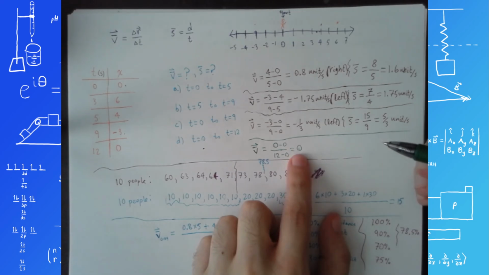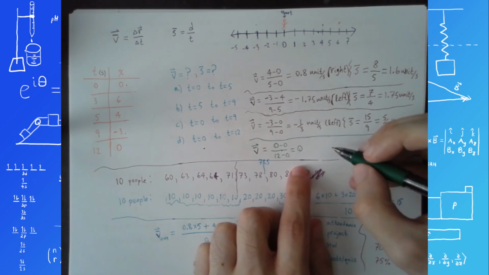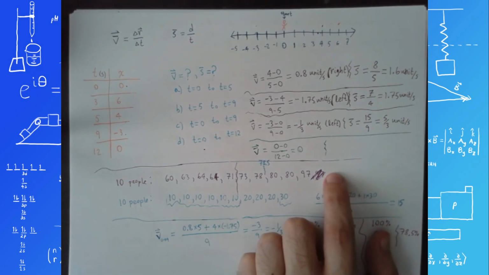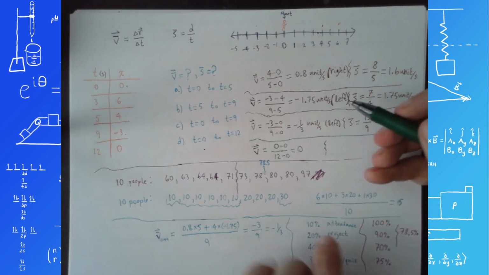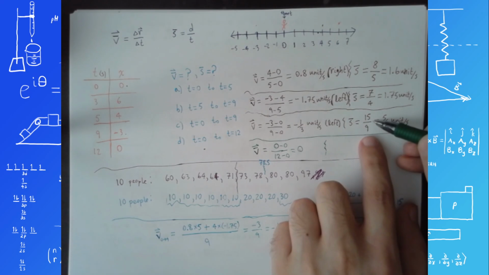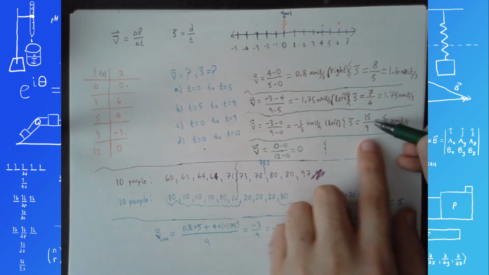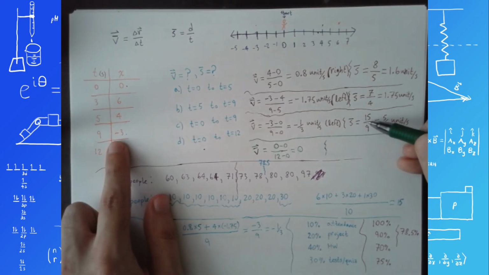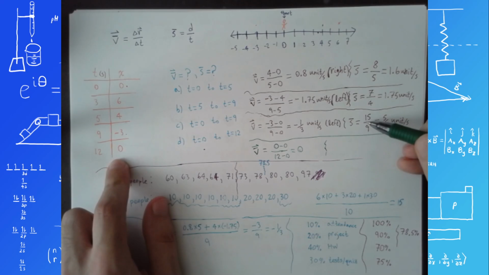Anyway, a velocity of 0 doesn't really have a direction to it, so no direction needs to be specified for a vector whose value is 0. Average speed, on the other hand, is still a meaningful concept here. So we took 15 steps in the first 9 seconds. I remember that from part C. And then from there, which had us at -3, we go back to 0.